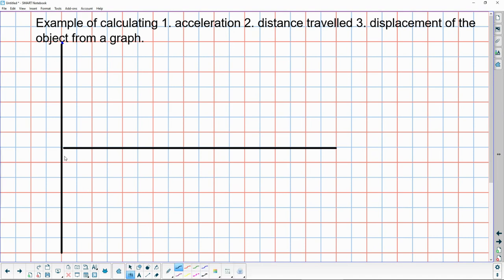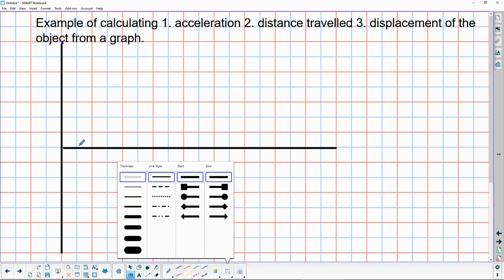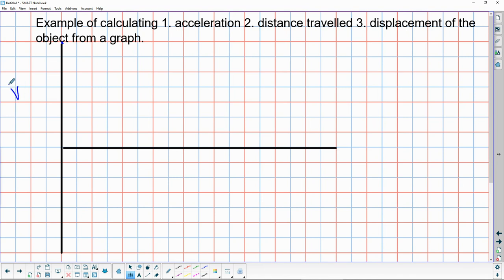Okay, so let's go with blue here. We'll say that this is velocity in meters per second. Now we'll consider this positive and this negative, so we won't go north-south, we'll just go plus minus. So going up, we'll go 10, then 20, and we'll go up to 30 meters a second.